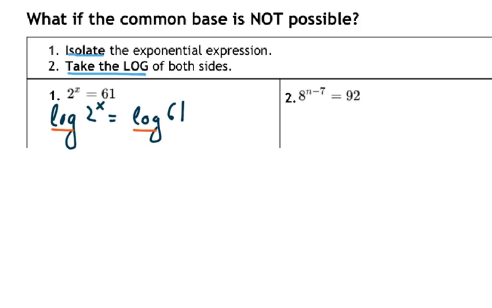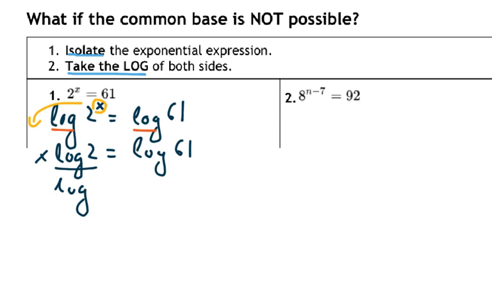Now I need to use the power property, which means this x needs to jump in front. So I write x log 2 equals log 61. And now in order to have x alone, I have to divide by log of 2 on each side.